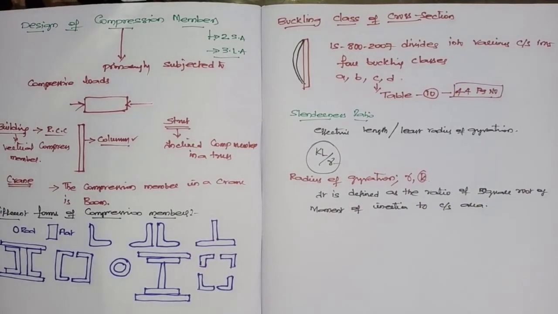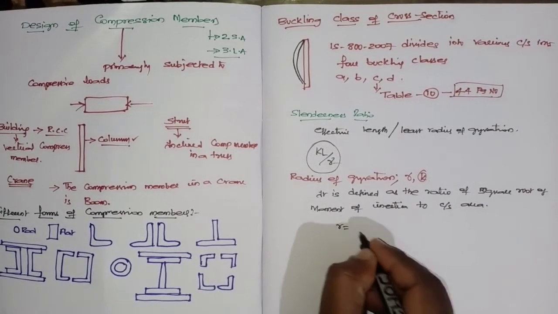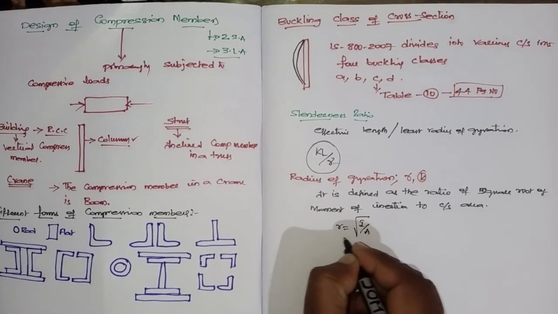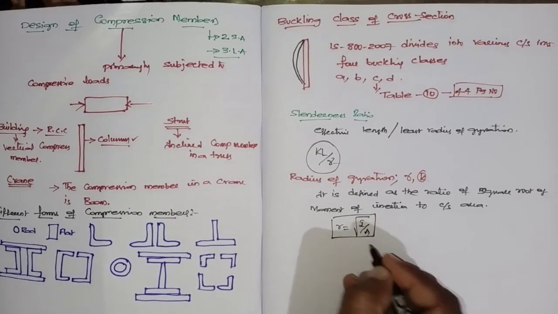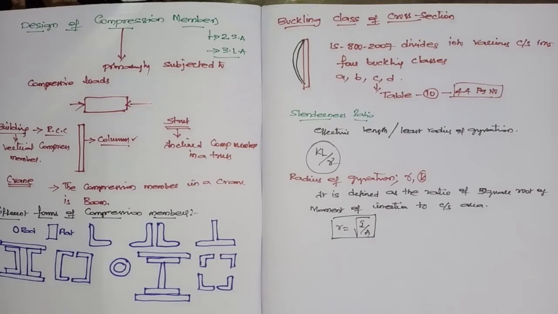Radius of gyration r equals the square root of I by A. That is the radius of gyration.